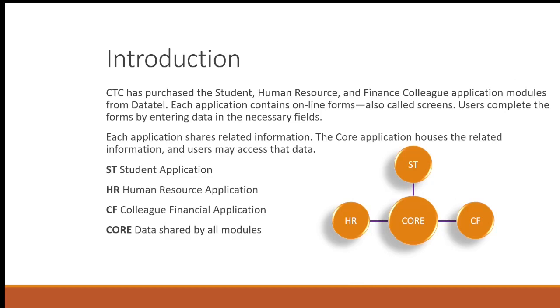So the way these work is all 3 of these sections, student, HR, and finance, they all feed into and pull information out of the core application of Colleague. Here you can see the abbreviation for each of the sections: ST for student, HR for human resources, CF for financial, and core is again that main hub of the database.